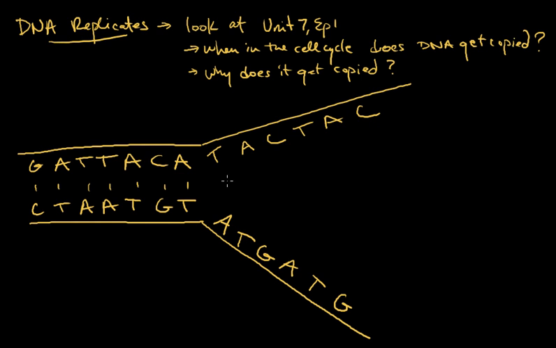So this T will get bonded to an A, this A to a T, C to a G, T to an A to a T, C to a G. And for each one, it's adding the whole nucleotide, so not just the nitrogen base, but the sugar and phosphate as well. And it does the same thing to this side.